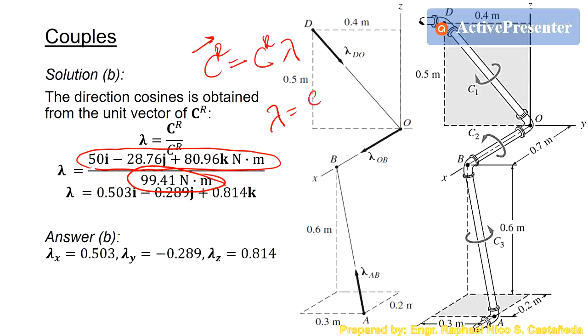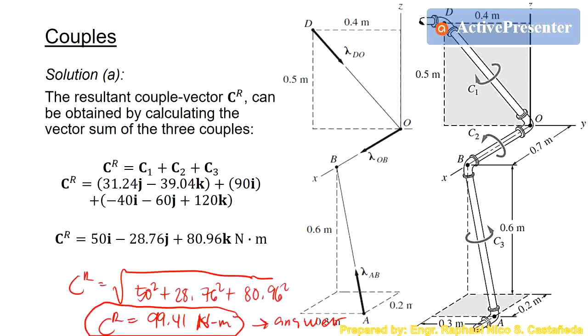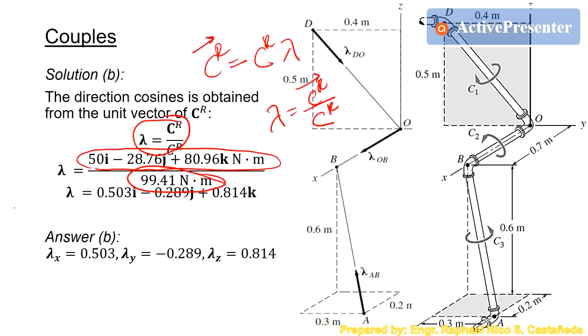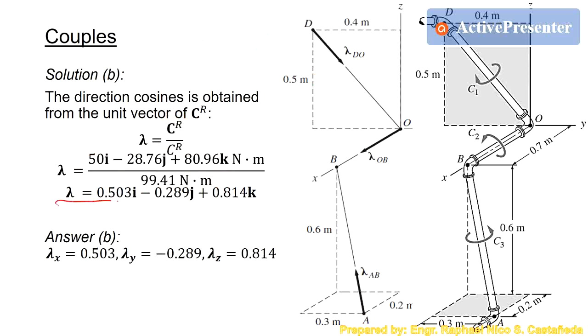If you want lambda, it is the couple resultant vector divided by its magnitude, which is this formula. So the couple vector is this one, then the magnitude is this one. Divide the two, we will get this one, which is the unit vector.